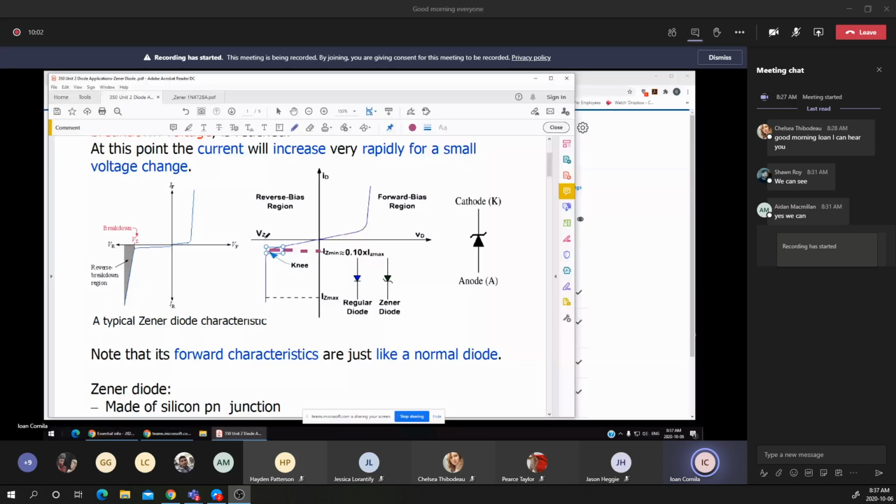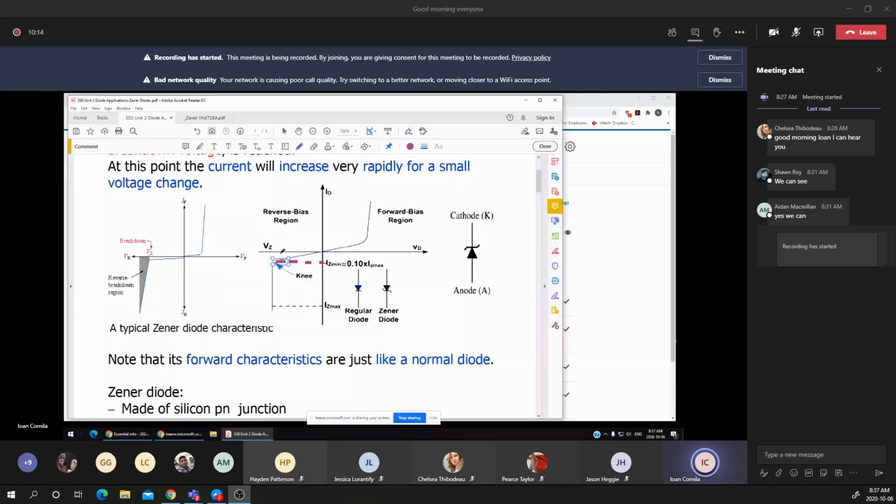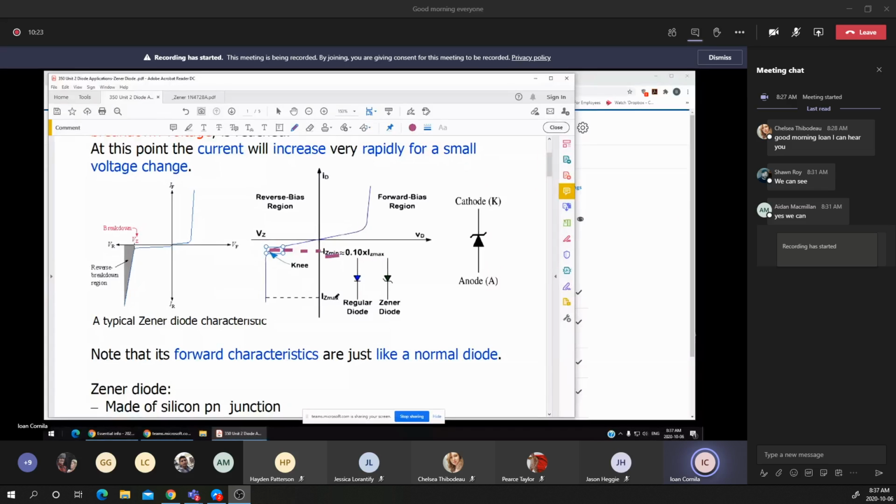This gives you an idea about the applications where a constant voltage is required for a large change in current. That current has to be between the two limits: the Zener minimum current and the Zener maximum current.